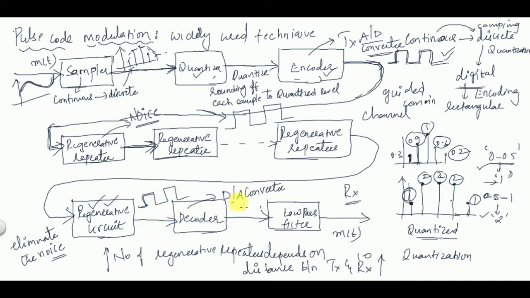So this is a D to A converter, that is, these rectangular pulses are again converted into samples like this, right? These samples which are obtained at the output of the sampler, the same samples you are going to get at the output of this decoder circuit, which is a D to A converter. Then this low pass filter is a reconstruction filter.